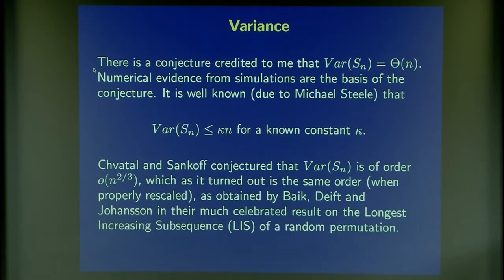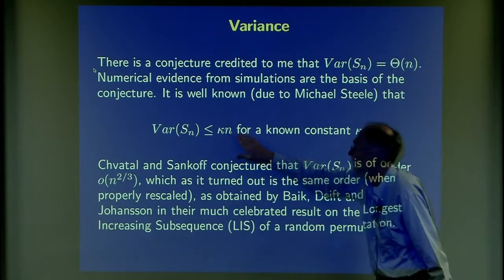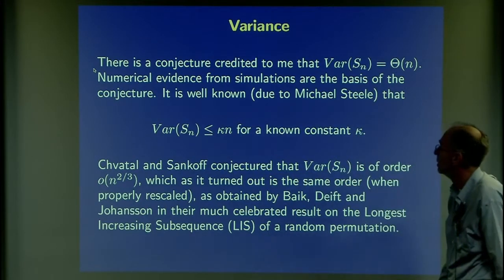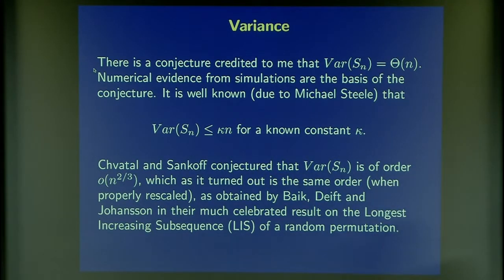In that paper, I gave some plots, and I said, gee, the variance seems to be pretty much a straight line. And it was known before, due to Michael Steele, that there was an upper bound, something times n, that would bound the variance.